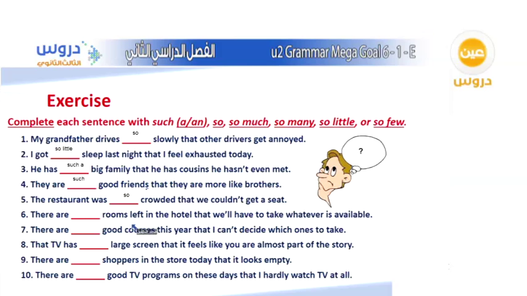There are blank rooms left in the hotel that we'll have to take whatever is available. Of course, they cannot say so much or so many. You can say so few, so few.